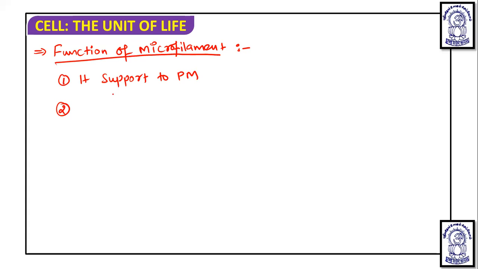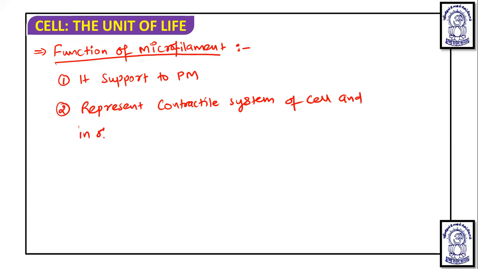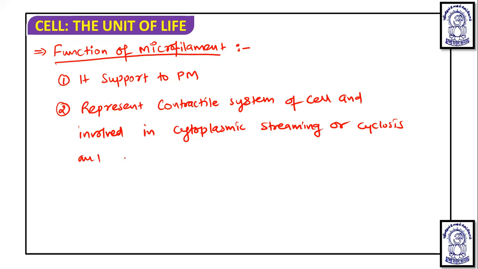Second, the microfilament represents the contractile system of the cell and is involved in cytoplasmic streaming or cyclosis and amoeboid movement.